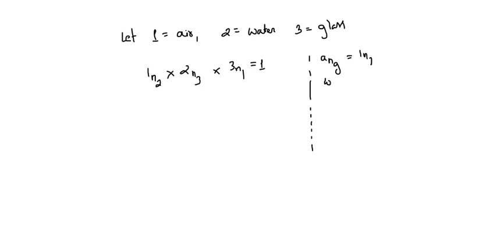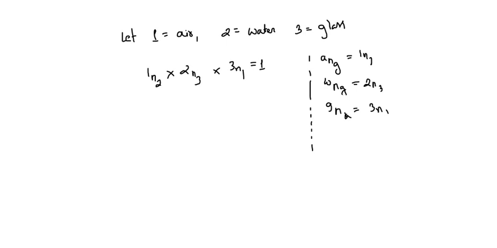Water to glass, which is 2n3, and the last one is 3n1, which is, glass, sorry, so the last one is from glass to air, glass to air, which is our 3n1, correct.